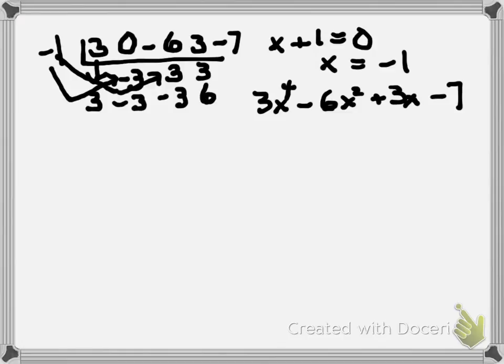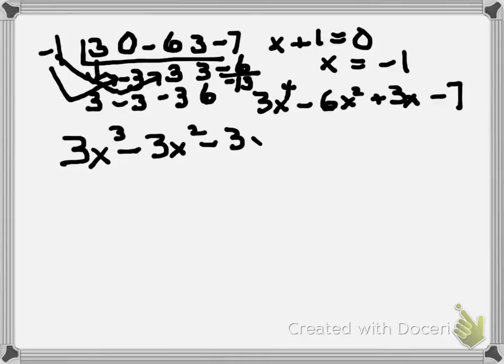Negative 1 times 6 is negative 6. And negative 7 and negative 6 is negative 13. Then we write our answer as 3x cubed minus 3x squared minus 3x plus 6 with the remainder of negative 13 over our divisor, which was x plus 1.